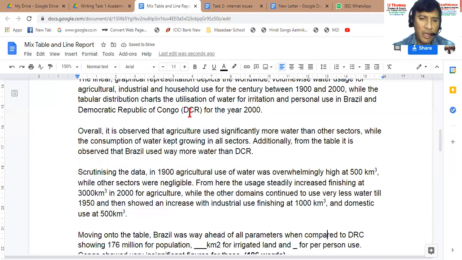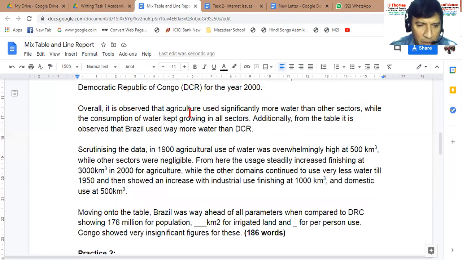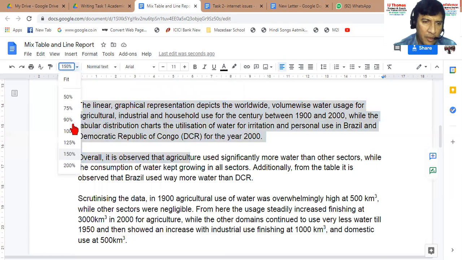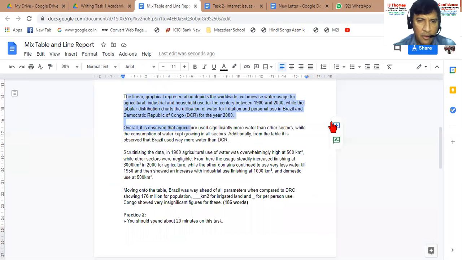Now we are coming straight to the table. Read, moving on to the table. Moving on to the table, Brazil was ahead of all parameters when compared to DRC, showing 176 million for population. Hang on, let me reduce the point size. I hope you can still see it.